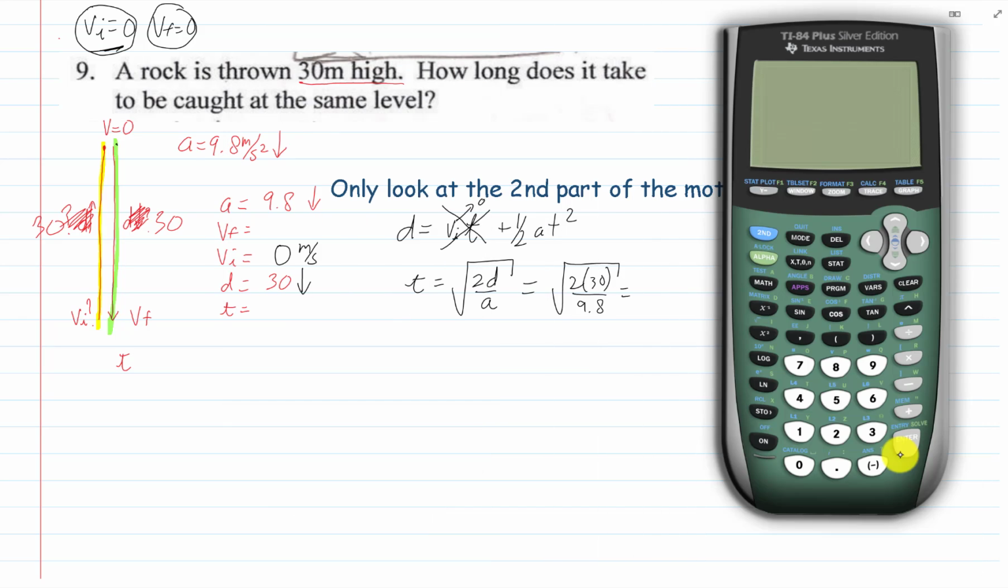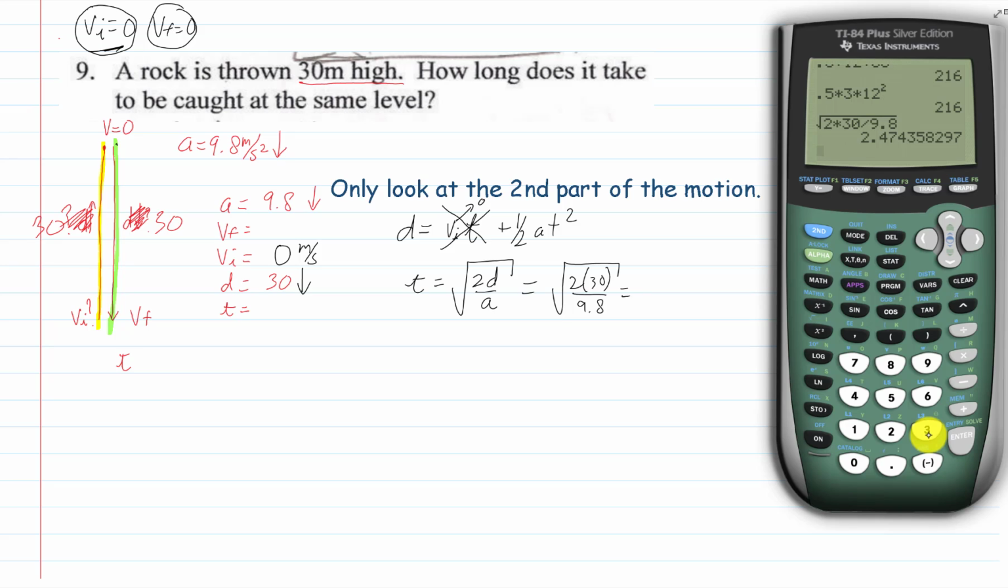The square root of 2 times 30 divided by 9.8 gives us the time for the flight as 2.474 seconds.